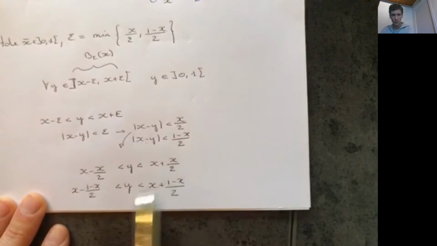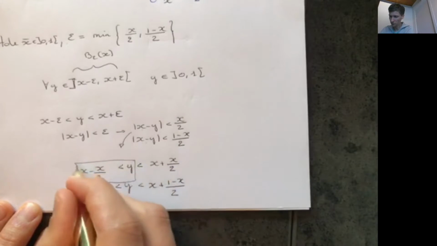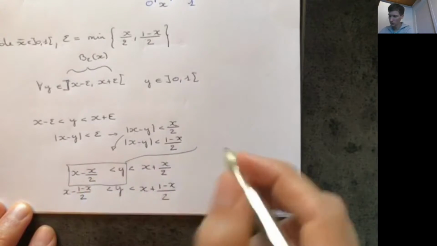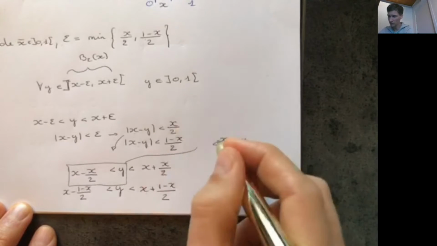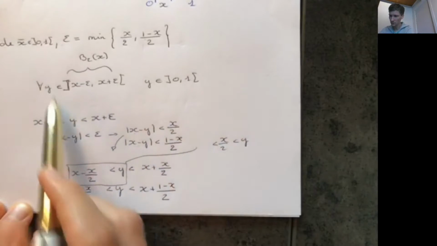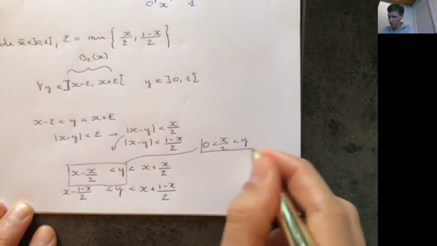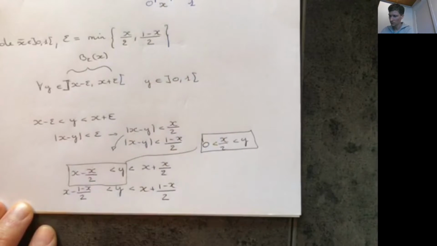So all of these conditions are satisfied. In particular, if I take this one, then I know that x minus x over 2, which is x over 2, is smaller than y, and x is bigger than 0, because x is between 0 and 1. So I know that 0 is smaller than y. So y is at least bigger than 0.